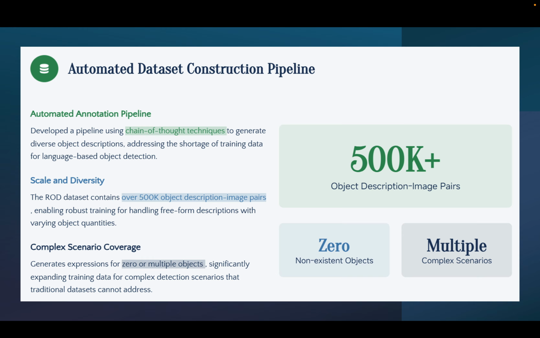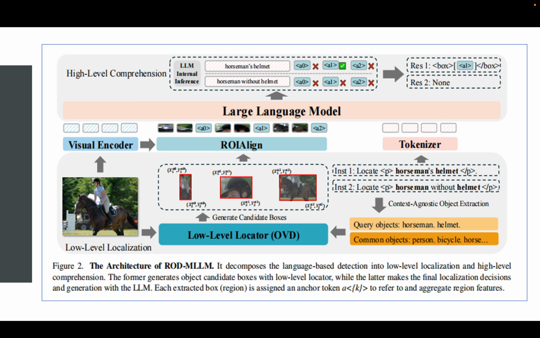The result is the ROD dataset, which contains over 500,000 image descriptions. What really sets it apart is its coverage. It includes descriptions that match multiple objects, a single object, and even zero objects. That way the model can learn to tell whether an object is there or not.